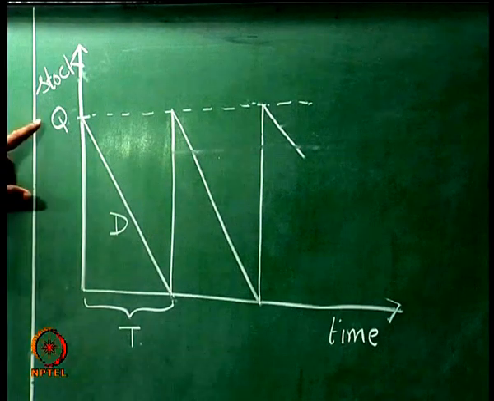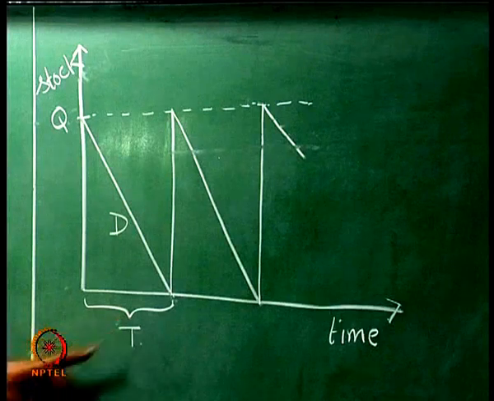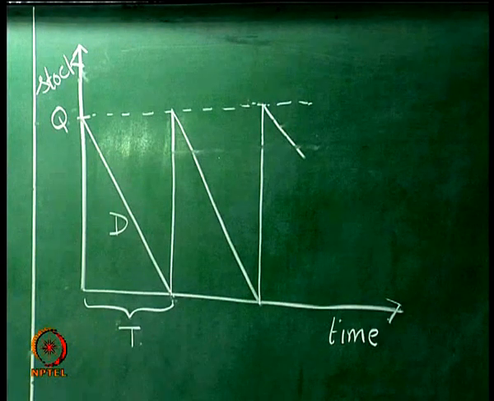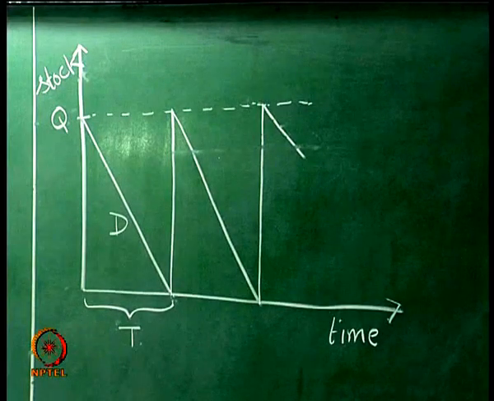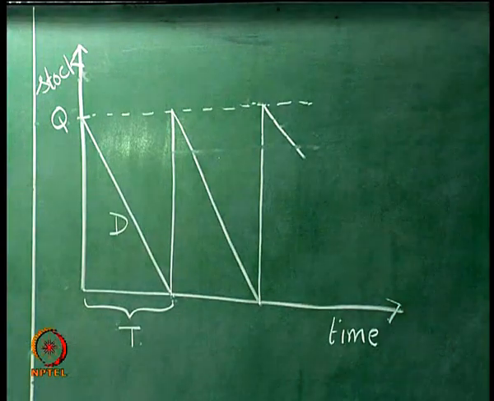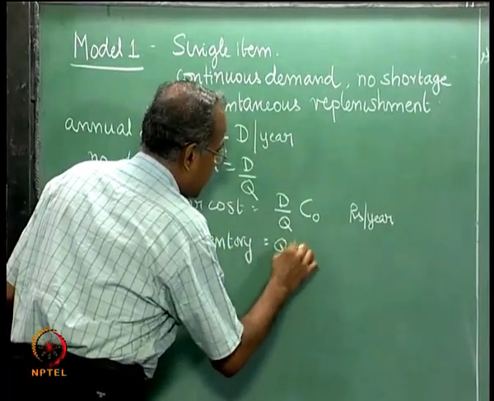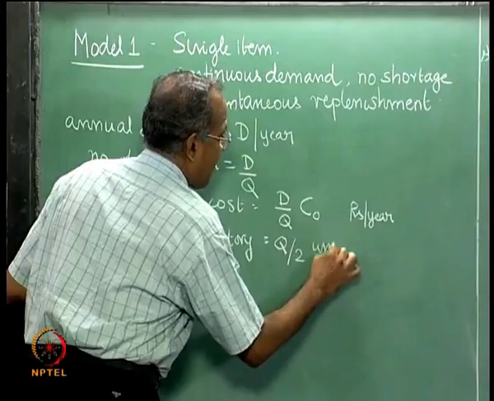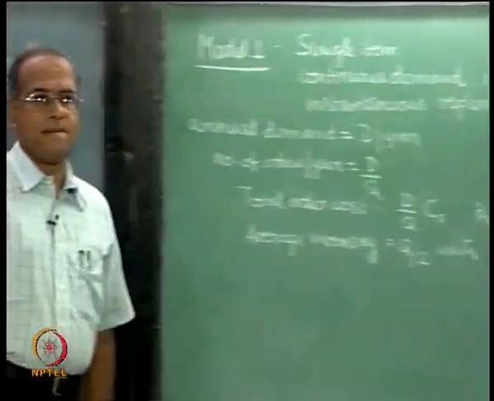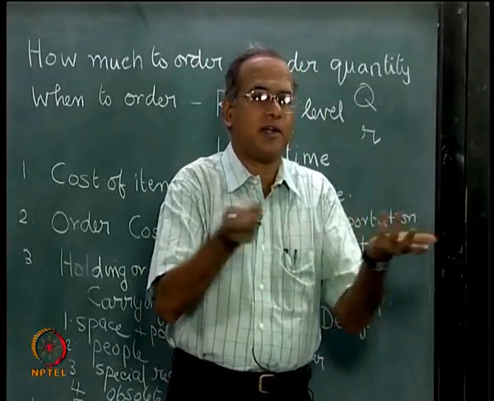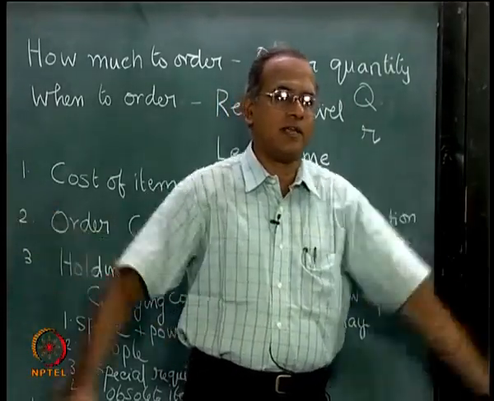So half into Q into T. Now that much inventory is held for a period T. So half into Q into T divided by T, which gives us half into Q. So average inventory either way is Q by 2 units. Average inventory is the kind of inventory that we have at any point in time, averaged over a reasonable value.